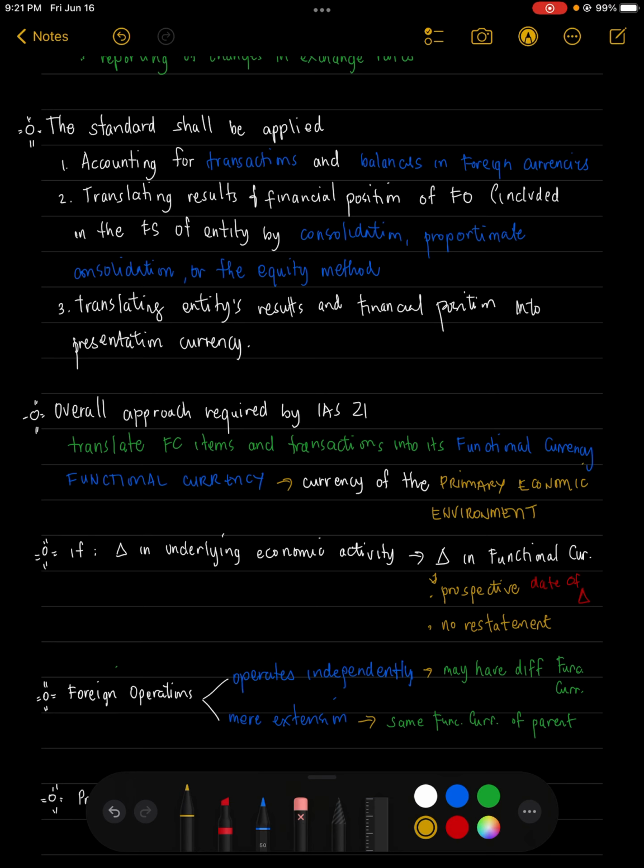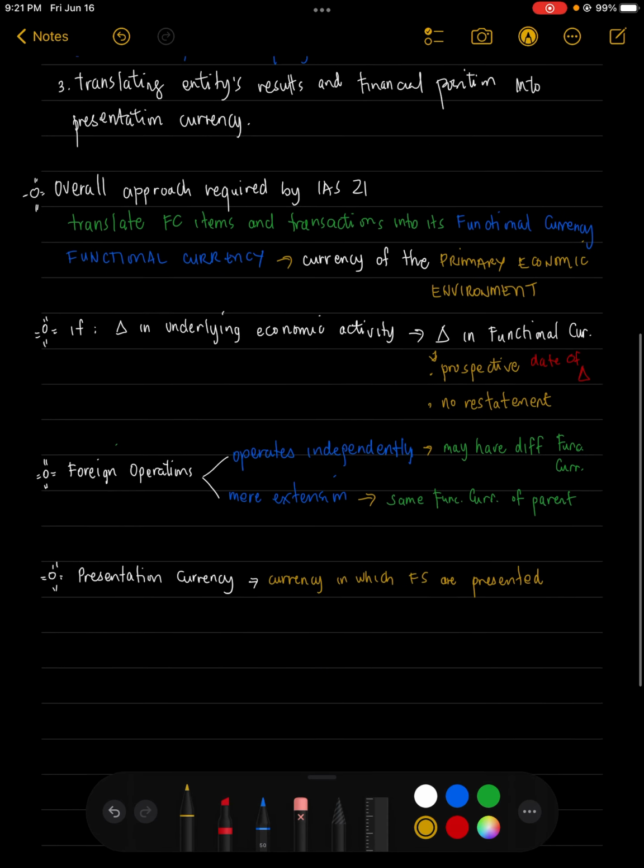The functional currency depends on the entity's underlying economic activity. So if there is a change in underlying economic activity, which will result to possible change in the functional currency, the change must be treated prospectively. Meaning, the effect is to be treated prospectively from the date of the change. No? So, ibig sabihin, there will be no restatement needed.